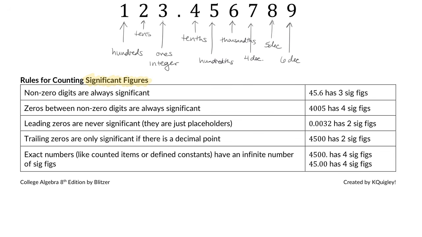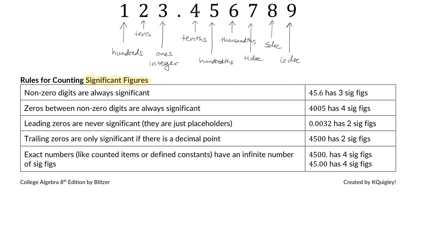If you don't know what these words mean, I recommend writing this entire table down. It's super helpful. The rules for counting sig figs. Non-zero digits are always significant. So the number 45.6 has 3 sig figs because 4, 5, and 6 are non-zero digits. Zeros between non-zero digits are always significant.